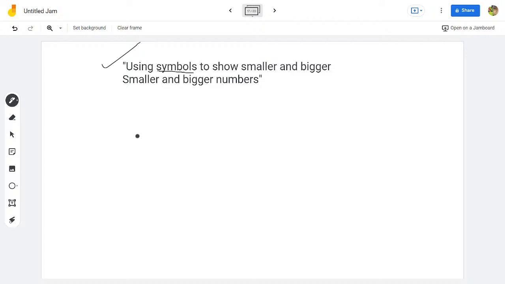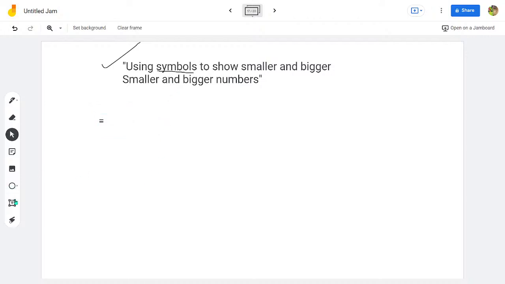So there are three symbols that we use basically for comparing numbers. So the first symbol is equal to. Let me write it using the text tool. The first symbol is the equal to symbol.